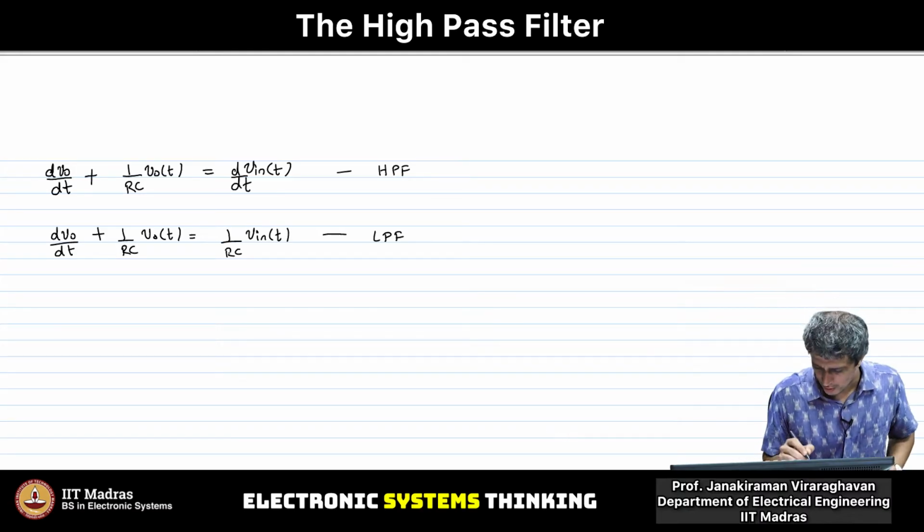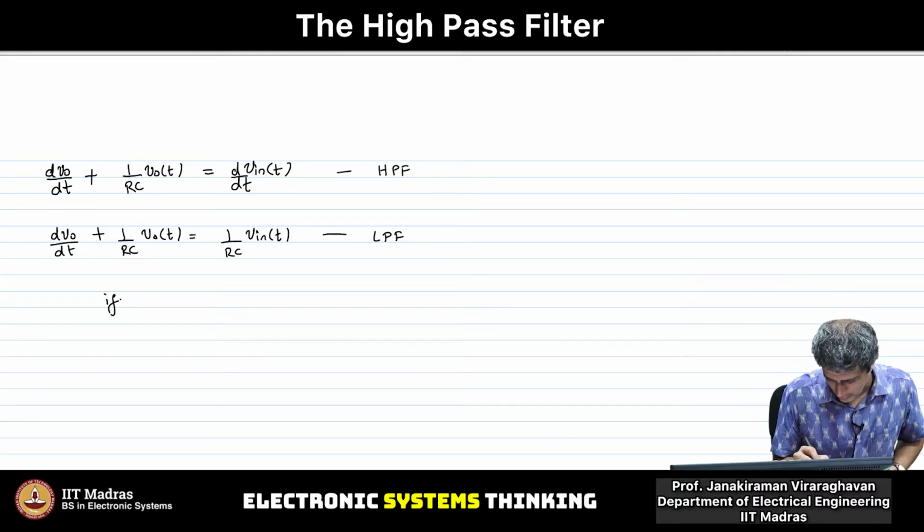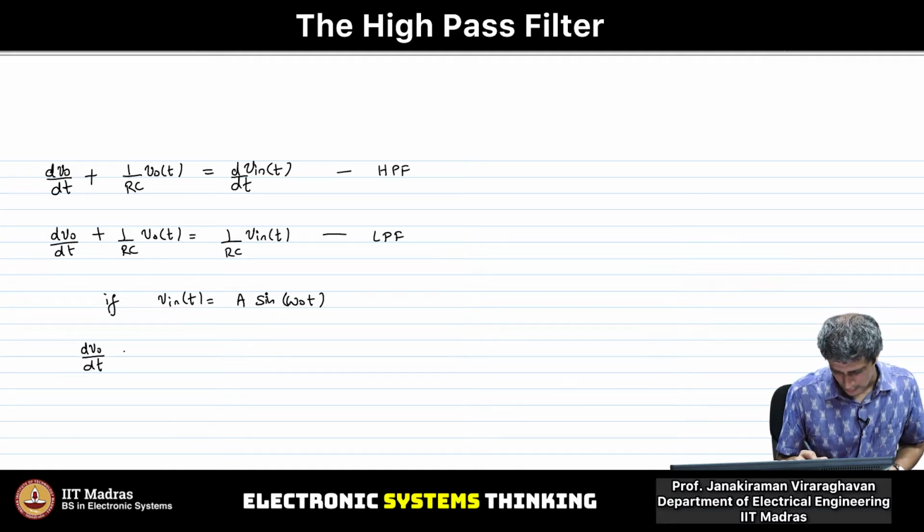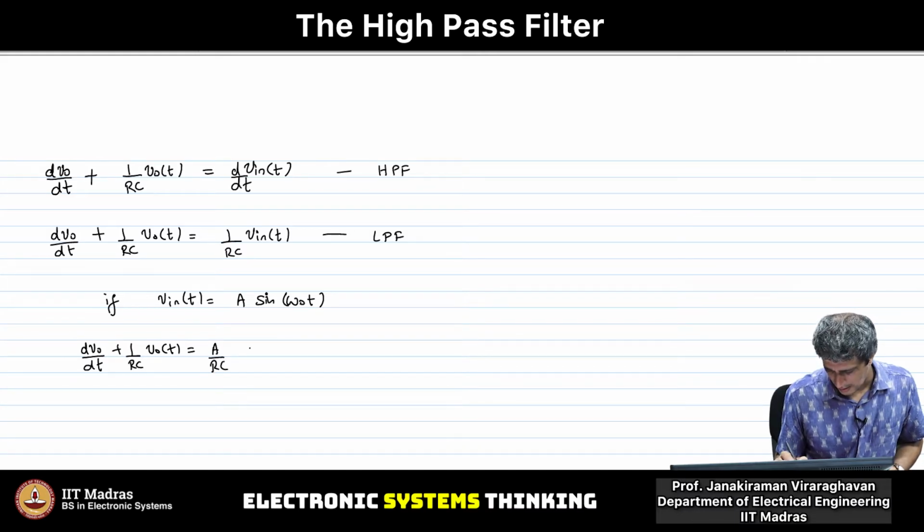So if V in of t happens to be A sine of omega naught t, then my low pass filter equation would have become dV out by dt plus 1 by RC V out of t equals A by RC sine of omega naught t.